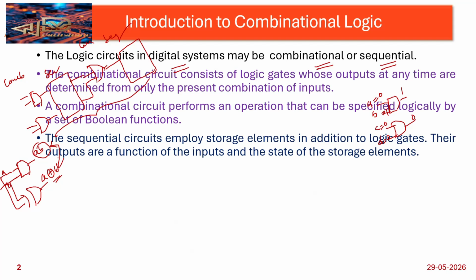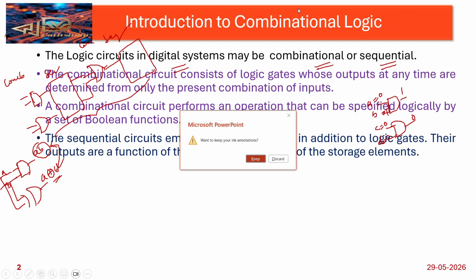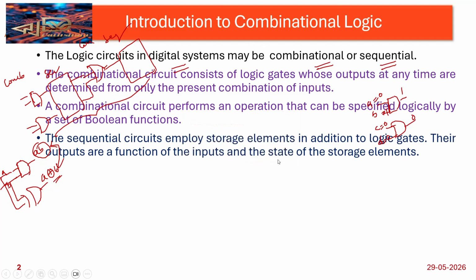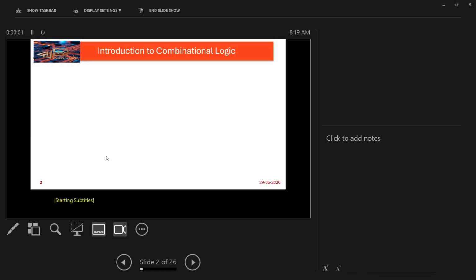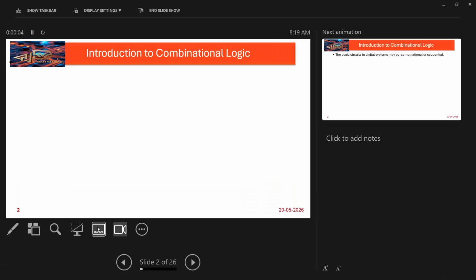Then sequential circuits are not like that. Sequential circuits have different elements like this. Some memory elements are there, and those memory elements will be storing the values. The output depends upon the present input and the previous output also. That is the sequential circuit.